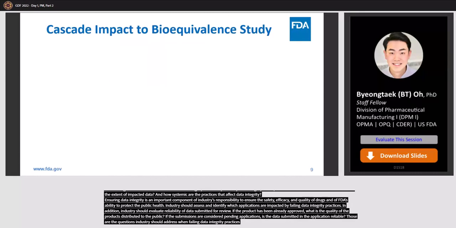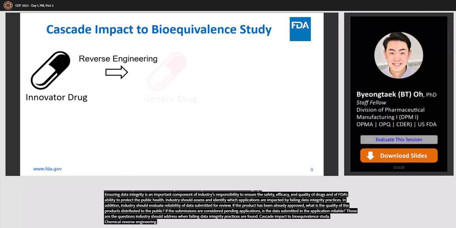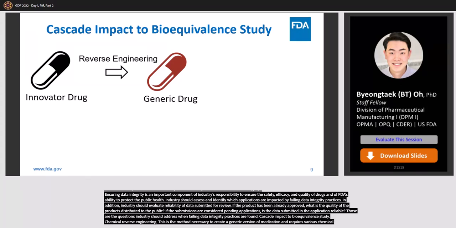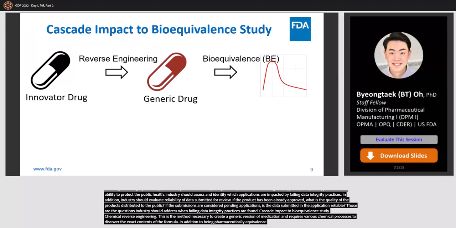Cascade impact to bioequivalence study. Chemical reverse engineering is the method necessary to create a generic version of a medication and requires various chemical processes to discover the exact contents of the formula. In addition to being pharmaceutically equivalent, generic drugs must also be bioequivalent to the brand name drug.